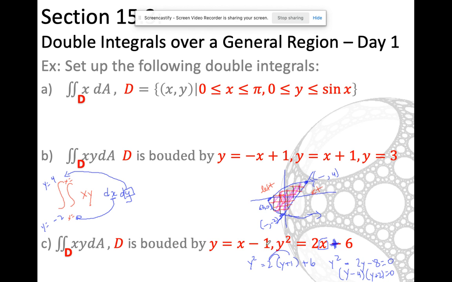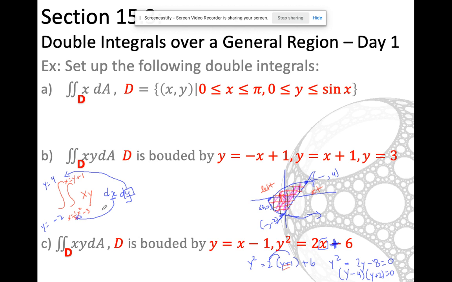My right comes from here. I've already gotten that by itself, x by itself, y plus 1. And then how about this one? Can you get x by itself? It's going to be y squared minus 6 all divided by 2. So that's 1/2 y squared minus 3.